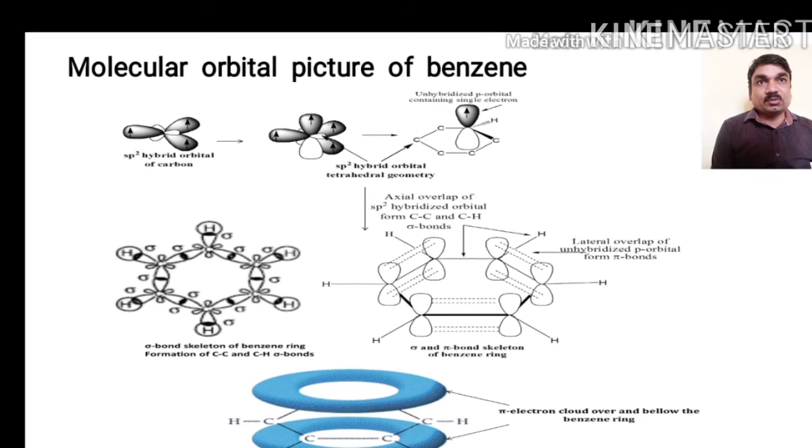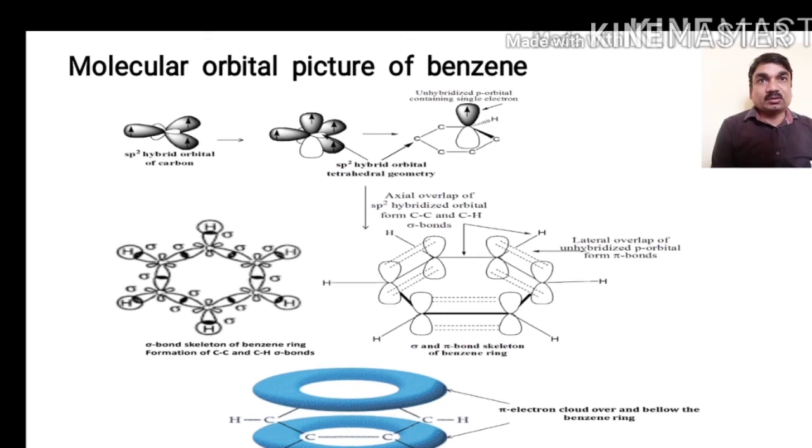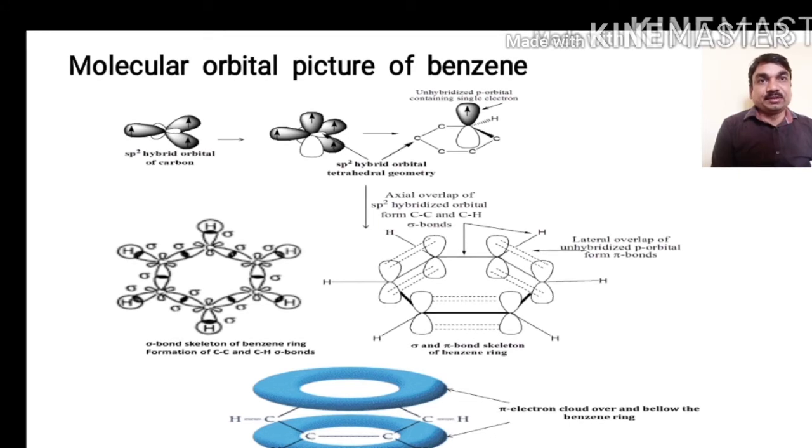Because of the planar structure, the p orbital of each carbon atom overlaps with the unhybridized p orbitals of its two adjacent carbon atoms. This overlapping of p orbitals creates a set of six pi molecular orbitals that involve all the carbon atoms in the ring and results in the delocalization of the six available electrons over the entire ring, as illustrated in the figure.